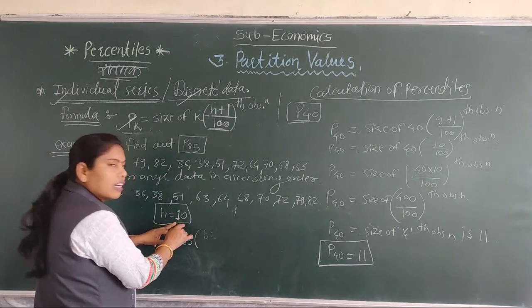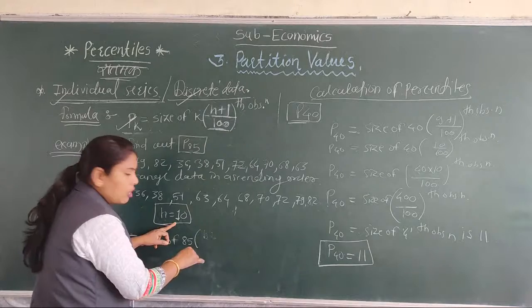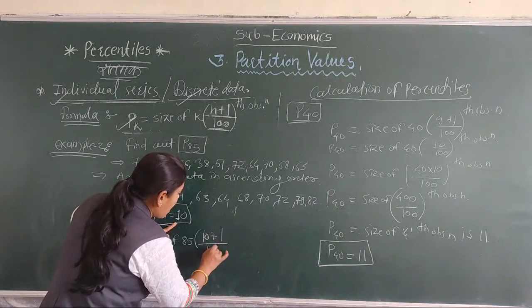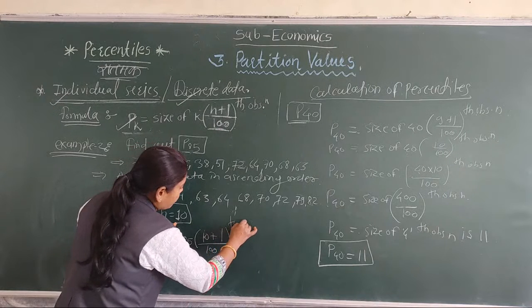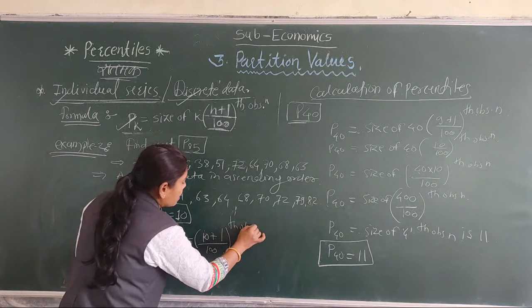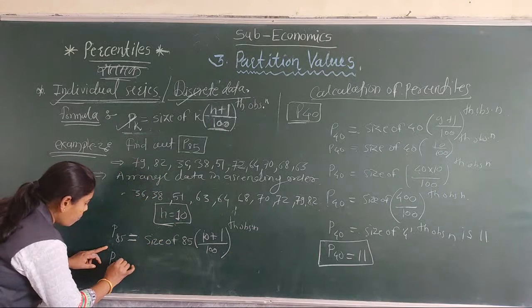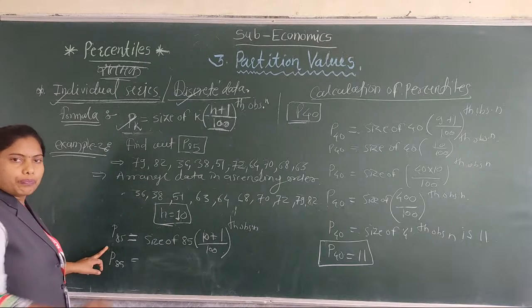Put this value in the formula: 10 plus 1, divided by 100 observation. Okay.